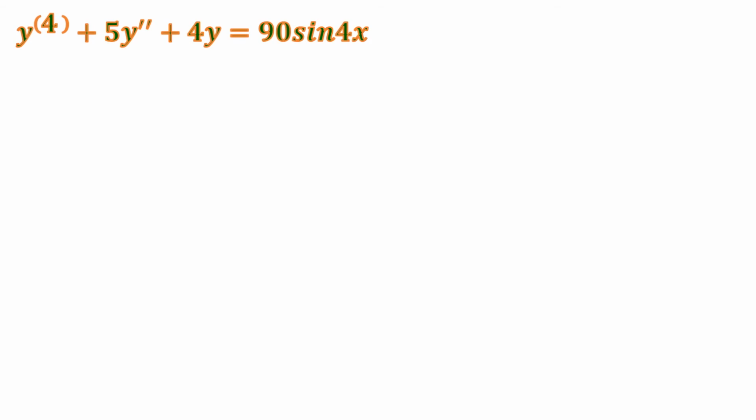So to find the particular solution, let's have the given, and then we're gonna have the yp. Since it is 90, it is a sine function, then we're gonna have the yp with cosine and sine. So you might ask, why is the cosine there if the expression is just sine?